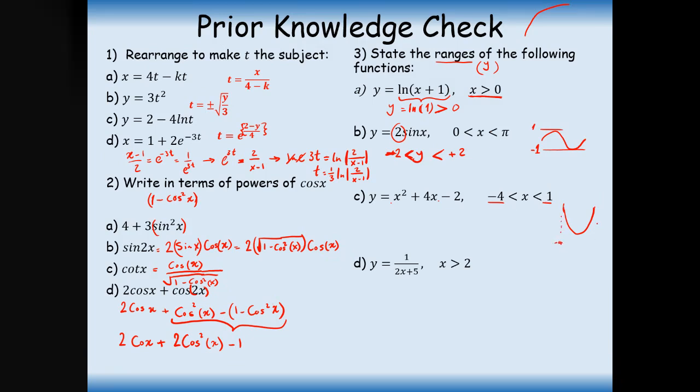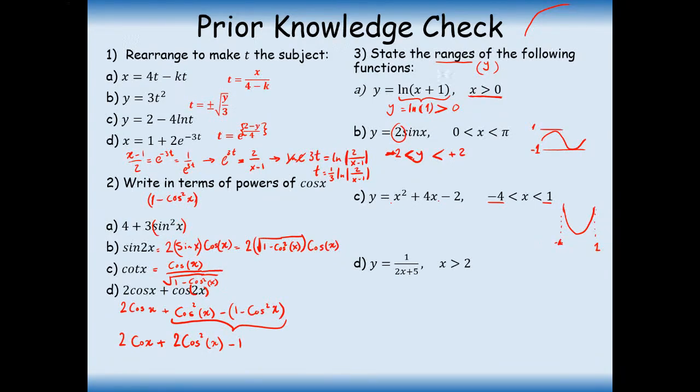So what you have to do is make sure you understand that the minimum of any quadratic is found by completing the square. That means all we have to do is half this value of 4x, put it inside the bracket, I'm sure you know how to complete the square, and subtract the square of that.